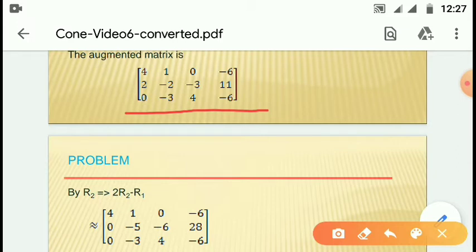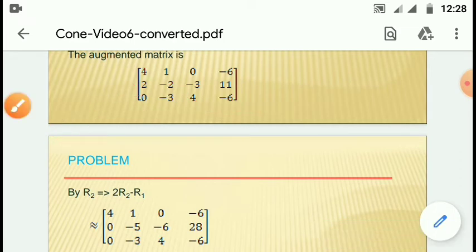If all the elements below the principal diagonal are 0, then the matrix is said to be an upper triangular matrix. We can also use the term echelon matrix for this. So we convert the augmented matrix into an upper triangular or echelon matrix by applying row transformations.